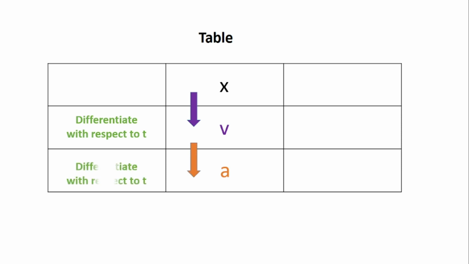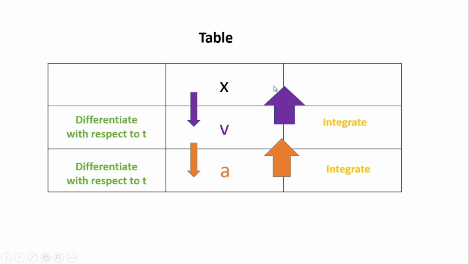So for going from displacement to velocity to acceleration, we do differentiation. To go in the reverse flow, from acceleration to velocity, we integrate the acceleration equation to get the velocity. When you integrate the velocity equation, we get the displacement. So to go downward in this flow, we differentiate; to go in the reverse flow, we integrate.